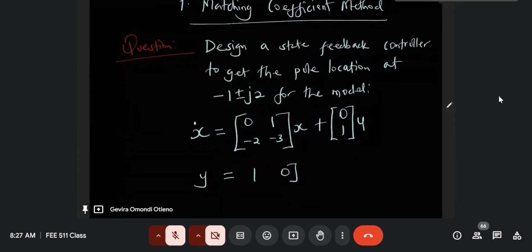So you're given a state representation. That is the state equation and the output equation. So that is our model. But you're told, can you design a state feedback controller so that we get the pole location at -1 plus or minus J2? So you are trying to change the location of the poles to be at -1 plus or minus J2.